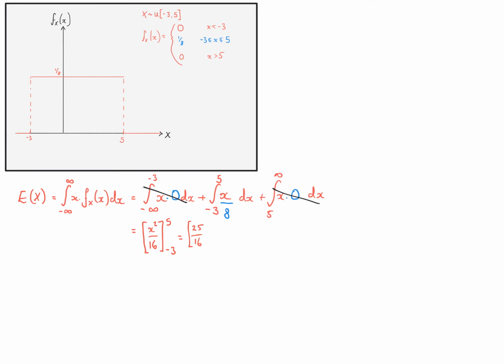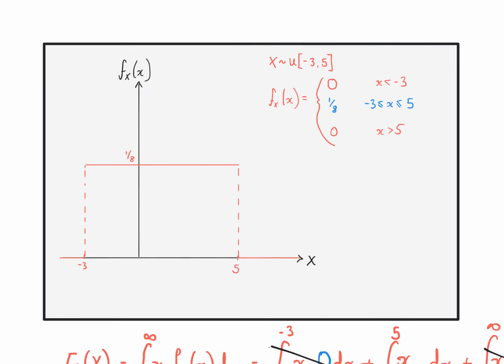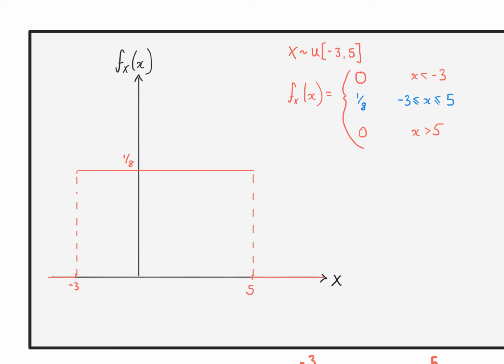We substitute in -3. -3 squared is 9, so it's 9 over 16. We end up with this is equal to 16 over 16, or 1. And that shouldn't be a surprise, because remember, for a symmetric distribution, the expected value is always in the middle of the distribution. So our expected value here is 1, which is right in the middle of our distribution.